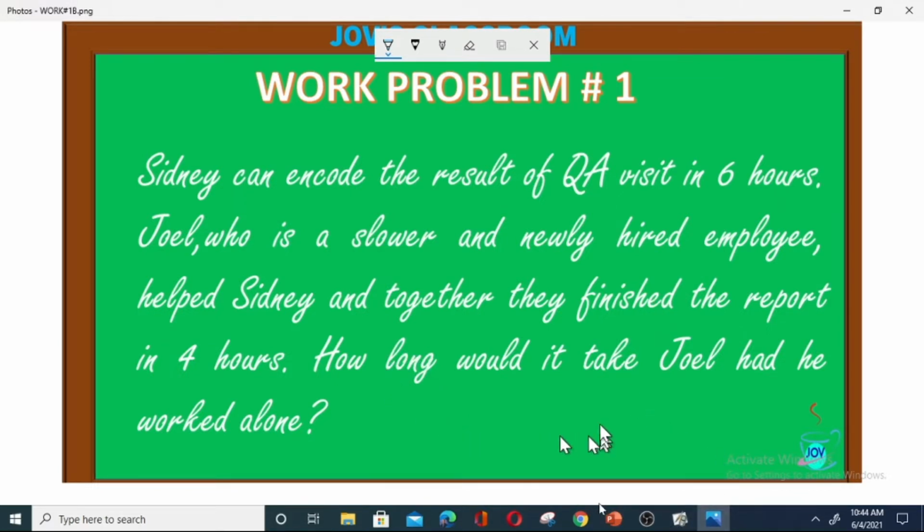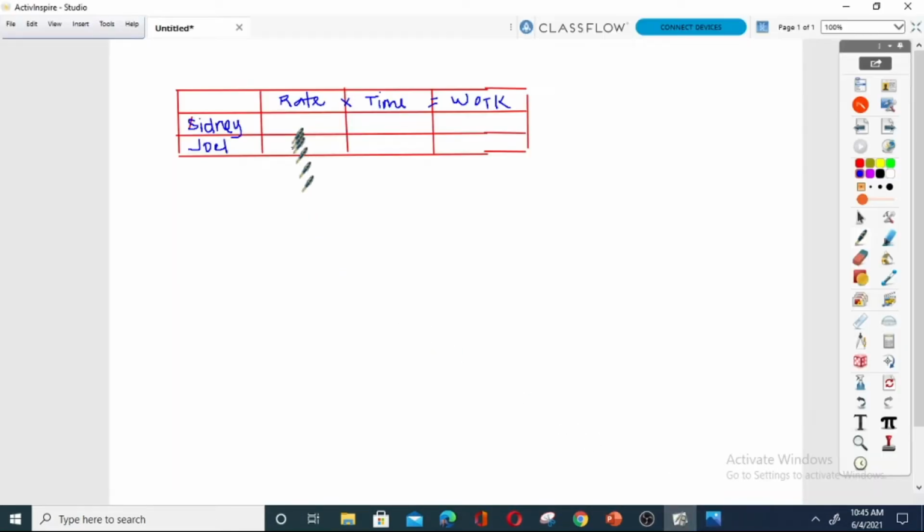So the only given here is 6 hours and 4 hours they work together. That means the 4 hours is their time if they work together, and 6 hours is for Sydney. Okay, so let us plot. The rate of Sydney is 1/6.